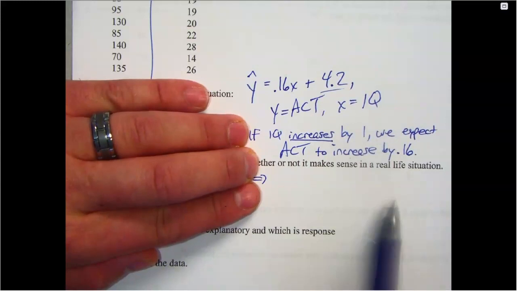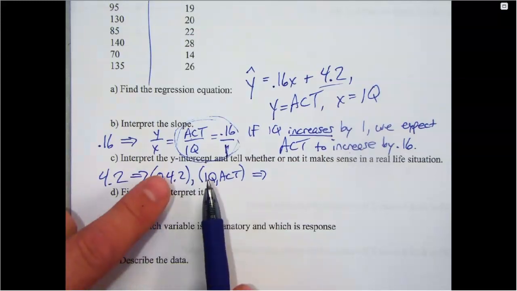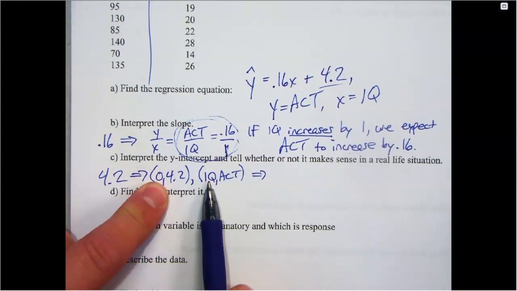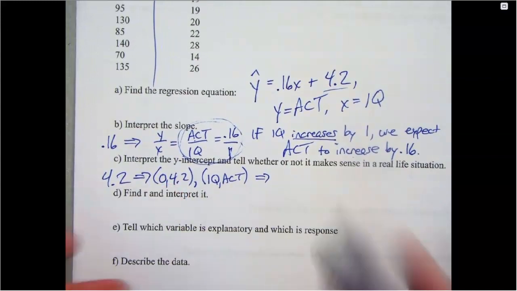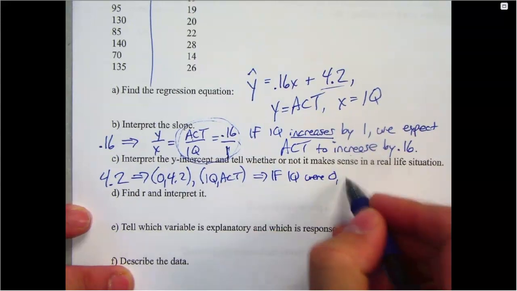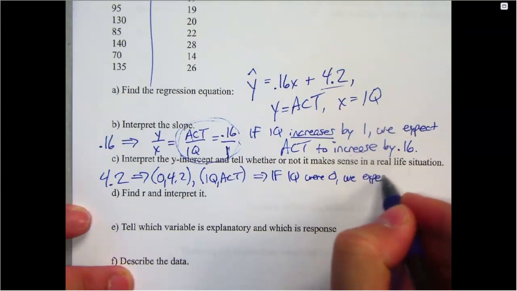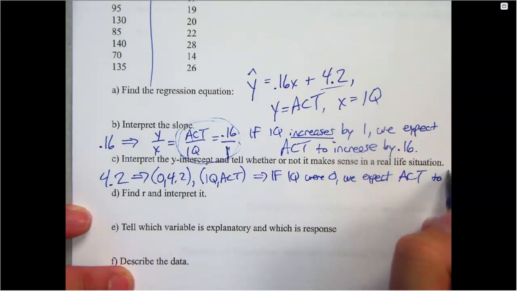This is just me guiding you through how to understand it, how to get there. So what this is saying is if our IQ were 0, we would expect or predict our ACT score to be 4.2. So if IQ were 0, we expect ACT to be 4.2.